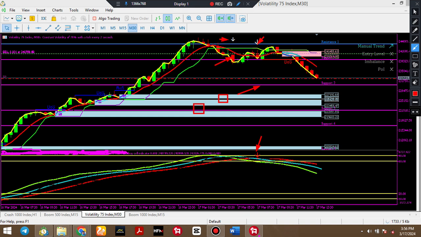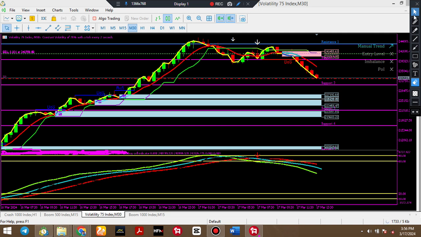So if you had opened one trade with this strategy, let's assume you open just a single trade, even if you have, let's say, a $20 account.